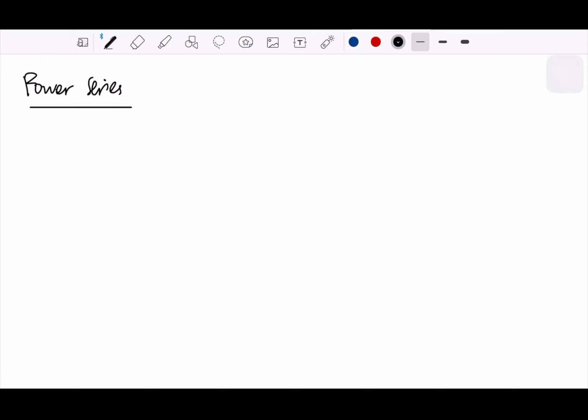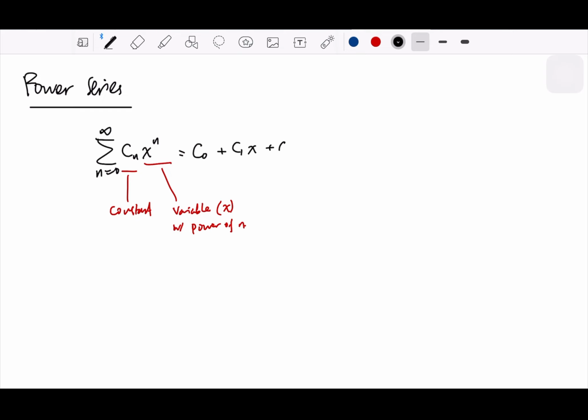A power series is a series in the form of a constant c, and some variable x with power of n. We can take this and write down the expansion of the power series.